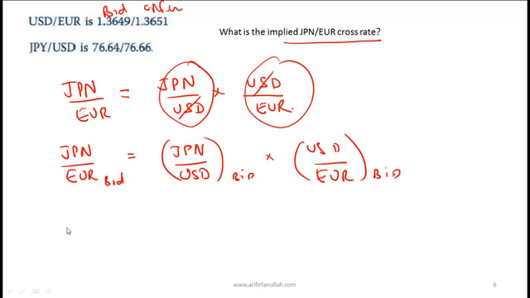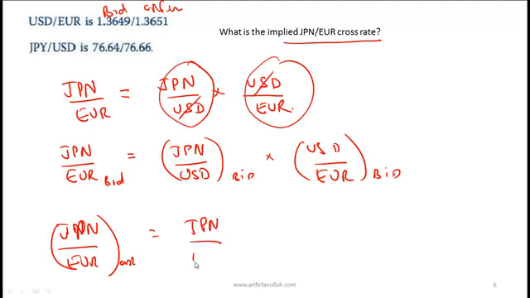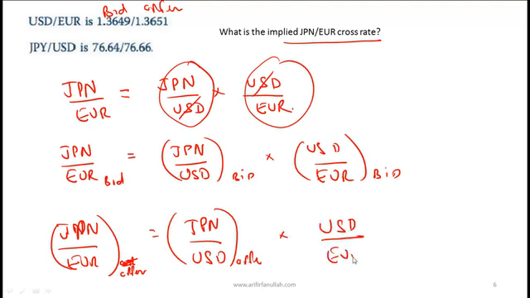And the Japanese yen to euro ask, or actually the term I've been using is offer, is equal to the Japanese yen to USD offer multiplied by USD to euro offer. So this should be easy to remember. When you are calculating the bid, it's the product of the bid and the bid. When you are calculating the offer, it's the product of the offer and offer.